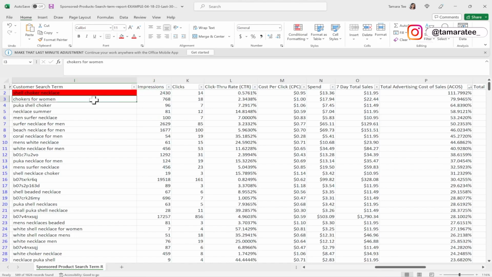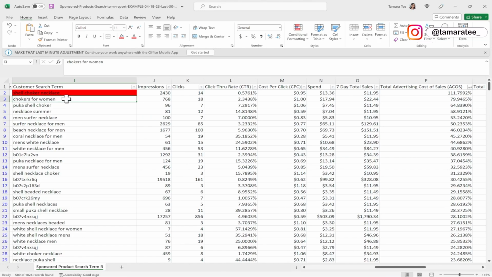So the next keyword we have is chokers for women. Okay, that keyword actually kind of works for my product, but it's a little broad because there's no word that says shell in here, right? If someone was to search a shell choker for women, that's more targeted and more specific to my product, which means that the customer is probably more likely to buy my product because they are specifically looking for a shell choker.